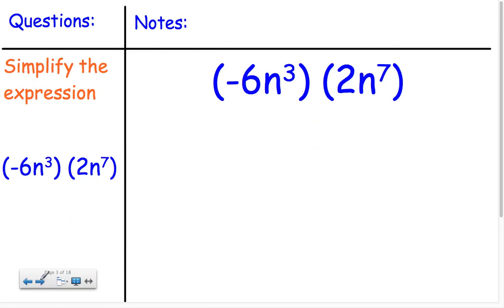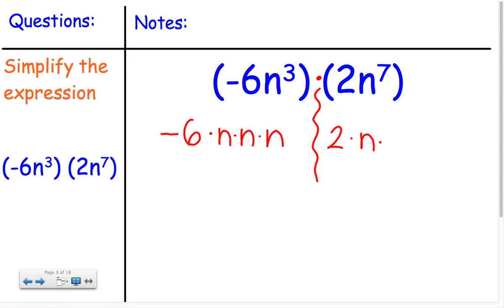All right, now we've got numbers, exponents, and variables. So all three, these are all monomials. So I'm going to put my squiggle again in the middle of my problem where multiplication is happening. So if I have negative 6 n to the 3rd, if I wanted to write that out, I have negative 6 and then 3 n's, because n to the 3rd is n times n times n. Then on the right, I have 2 times and then 7 n's.